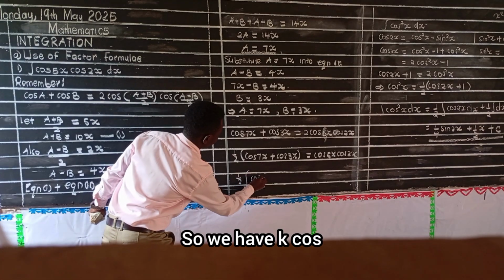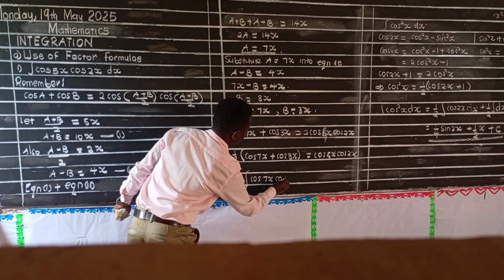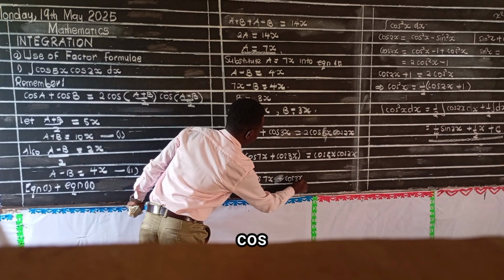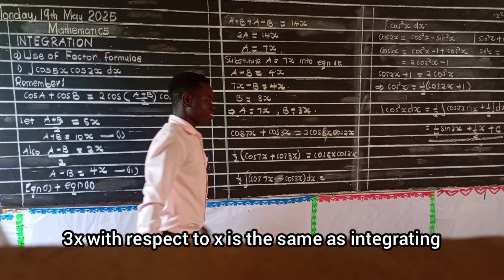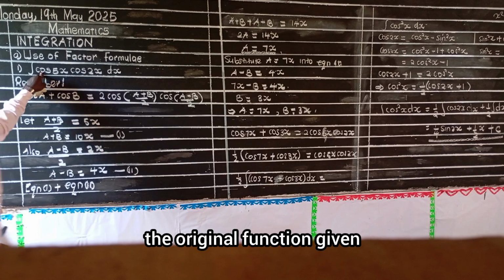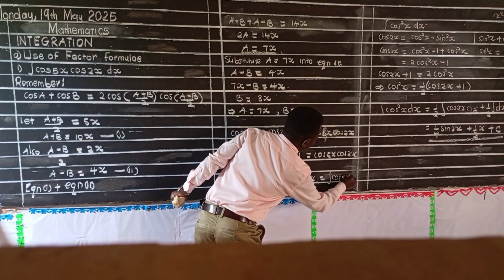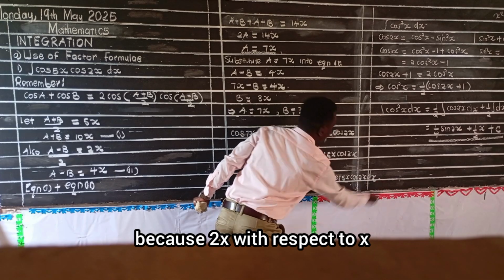So we can take cos 7x plus cos 3x with respect to x, which is the same as integrating the original function given, cos 5x cos 2x with respect to x.